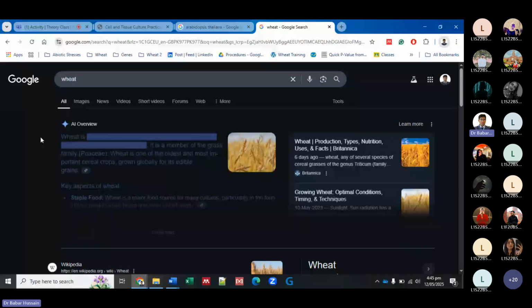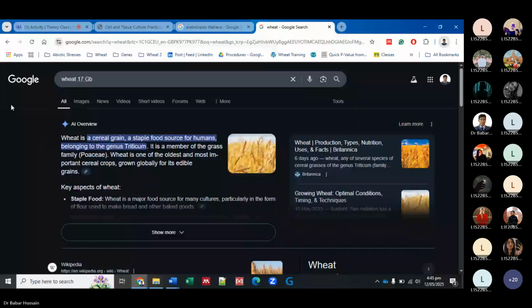What is the genome size of wheat? 17 gigabases.